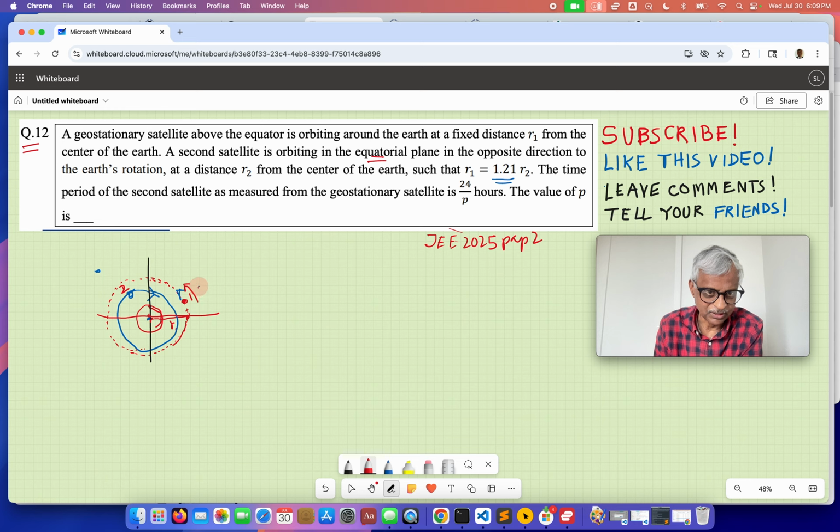And this one is geocentric, which means its time period is equal to 24 hours. If you look at the angle covered, the angular rate will be 2 pi over T1.